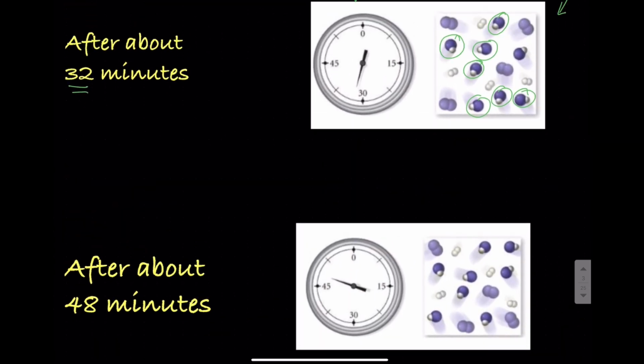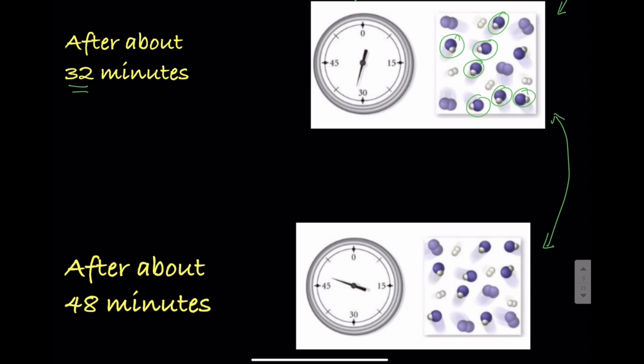Now you can see that when we compare the reaction mixture at 32 minutes versus 48 minutes, there is not much of a change in the concentration of the reactants or the products. So this is when we say that the system has reached an equilibrium.